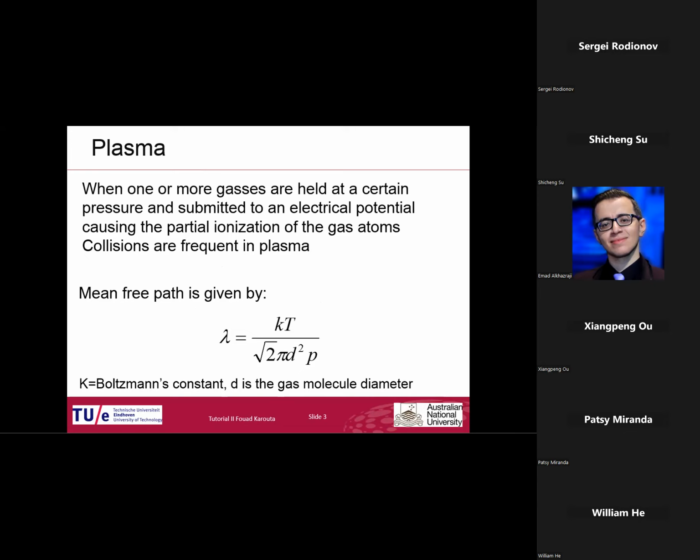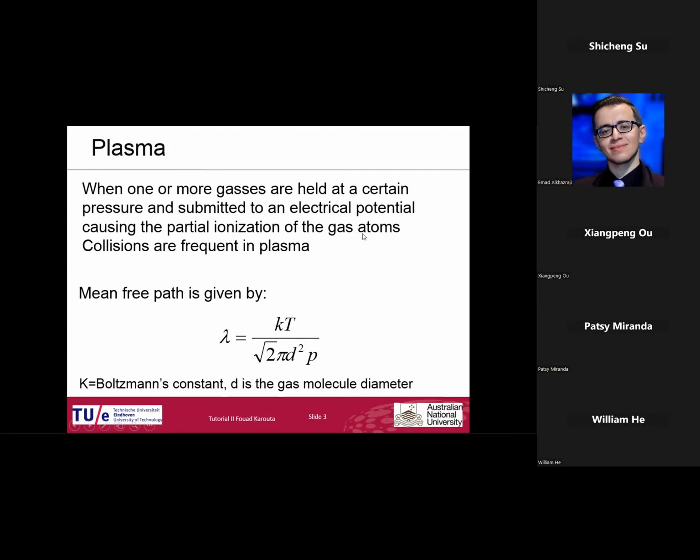So just a few general things to mention about the plasma. When you have a gas and you hold it at a certain pressure and you apply some electrical potential on it, it causes the partial ionization of the gas atoms. And then collisions can be frequent in the plasma. There is one parameter we call the mean free path, which is given by this formula, where lambda is the mean free path.